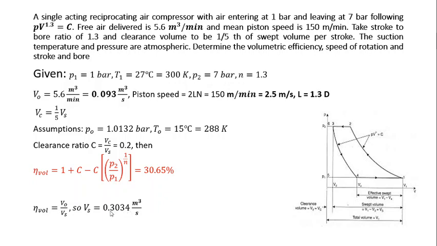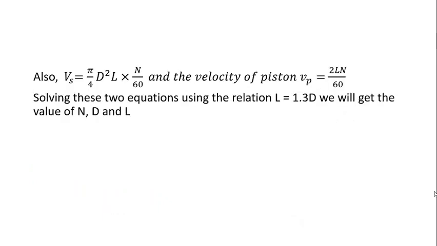So that is 0.3034 meter cube per second. Also, we know that swept volume is equal to pi by 4 d square into L, that is the swept volume of the cylinder per cycle.